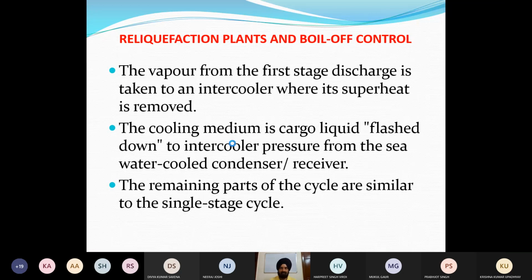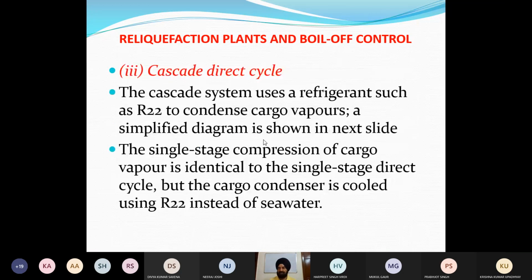And third, in the direct cycle types, is the cascade direct cycle. This is again a long process, with certain changes as per the requirement. In this case, the system uses a refrigerant such as R22 Freon to condense cargo vapors instead of seawater cooling.